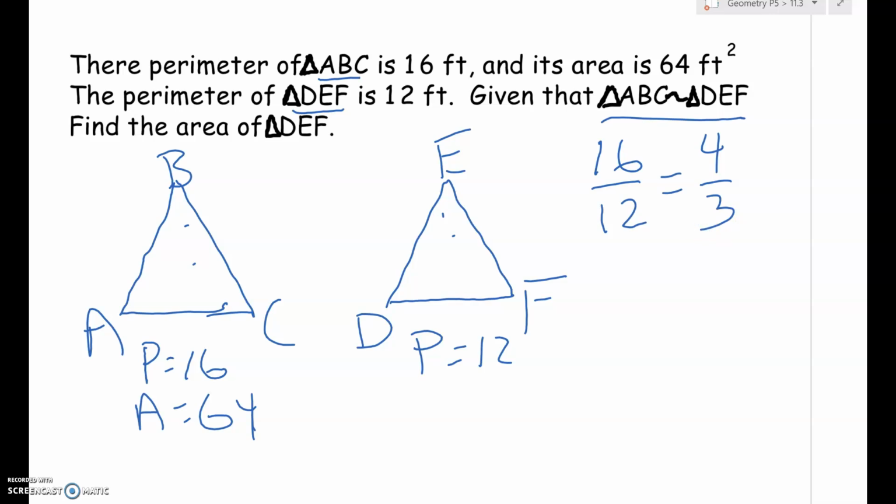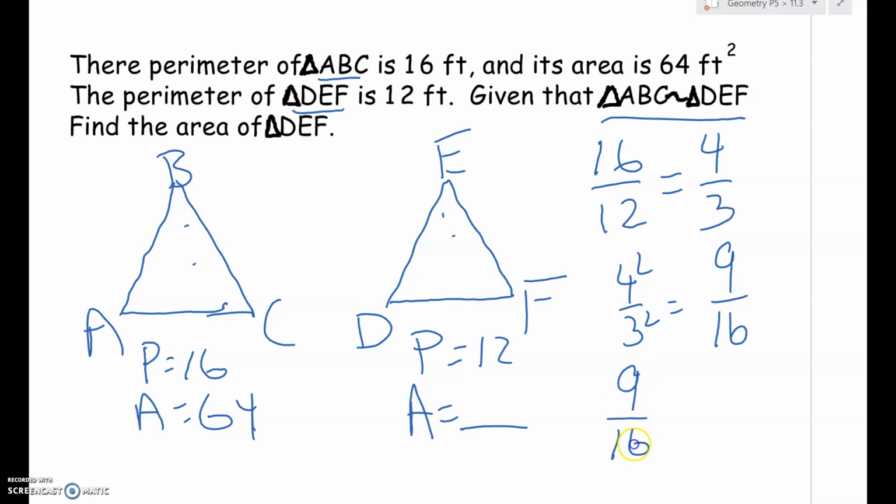Now we want to come up with our ratio of our area because we're going to figure out that area. So the first thing we do is we take this 4/3 and we square both of those. So that's going to be 9/16. Now we have to set up a proportion just like we did in the last problem. 9/16 equals a ratio of the two areas here.